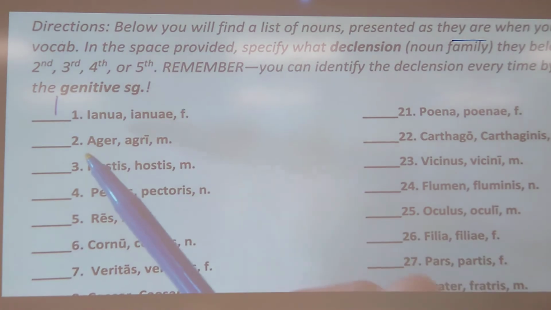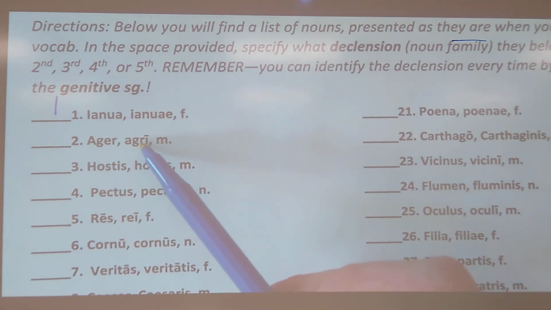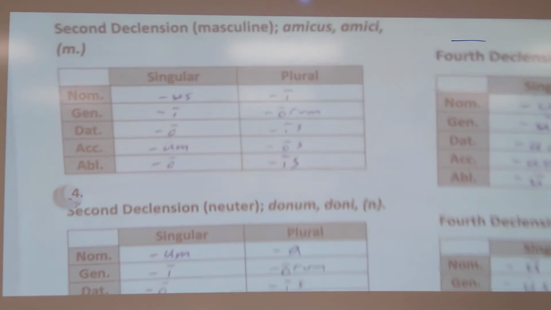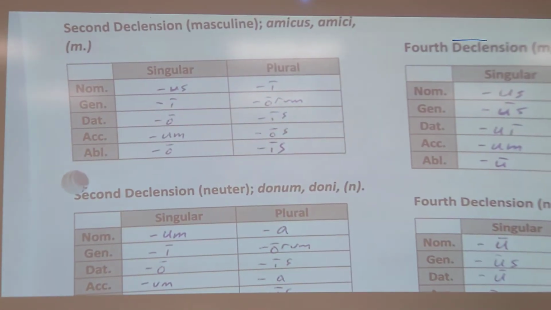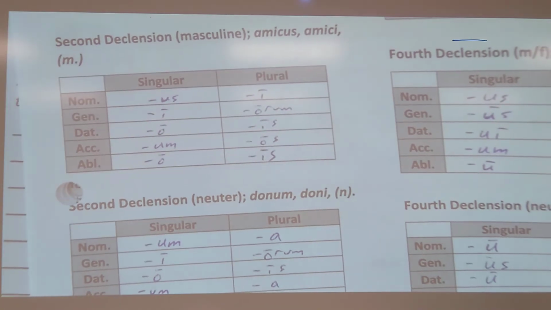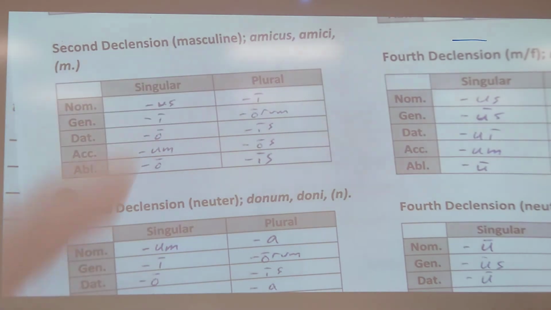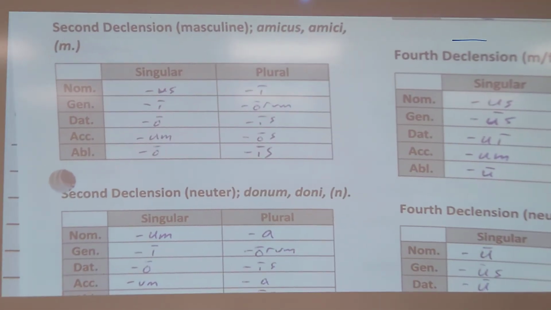Okay. Number 2 is actually kind of deceptively tricky. But if you ignore the nominative singular for a minute and just look at the genitive singular, you'll notice it's a long i. Well, there's only one declension in Latin where the genitive singular is long i, and it's second. Actually, whether it's masculine or neuter doesn't matter because the genitive singular of those is the same in the second declension.